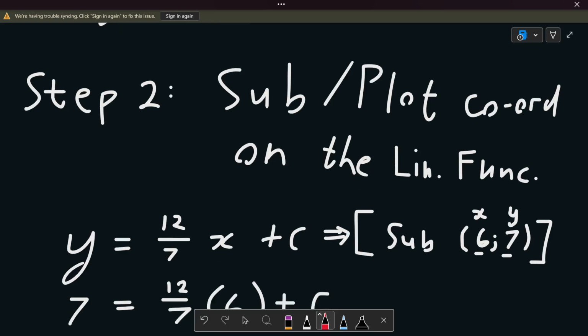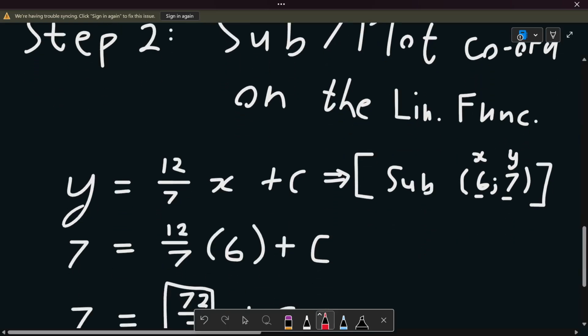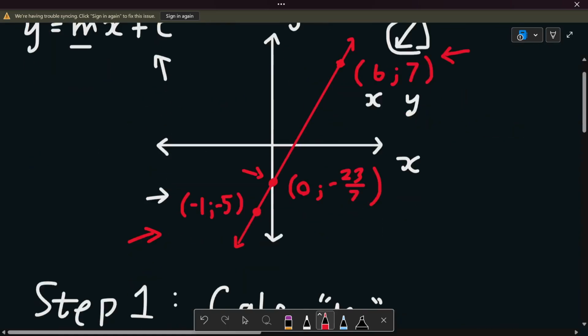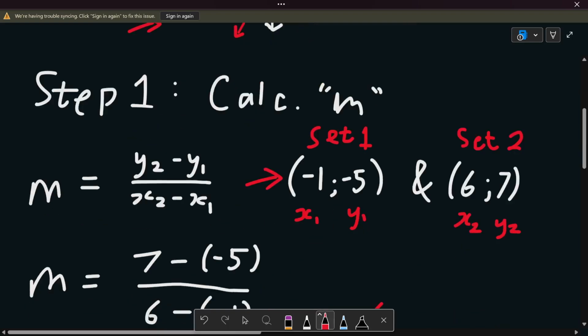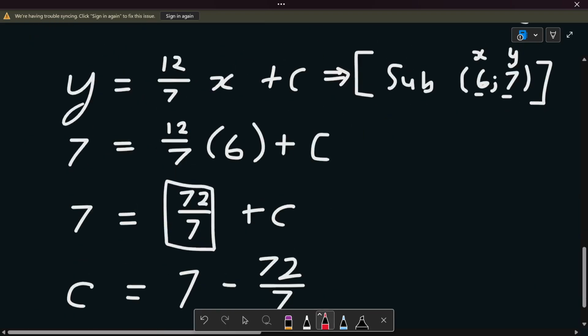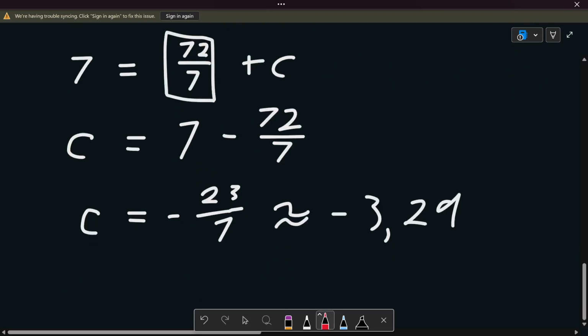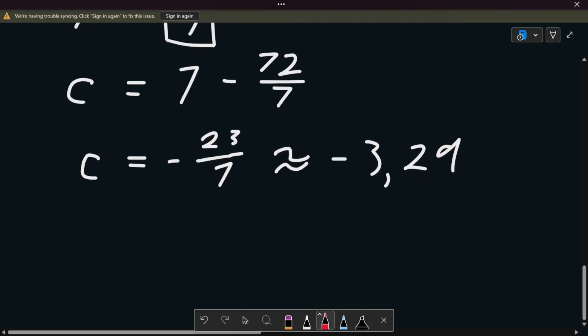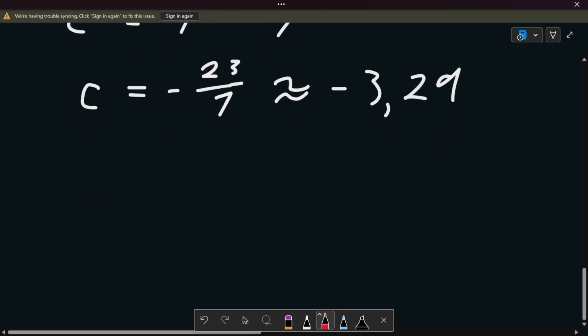So I took 6 and 7, and remember I said you can take negative 1 and negative 5 and try and plug it in to see if we get the same c value. But in this case, I substituted in 6 and 7, and I got the final answer of c being equal to negative 23 over 7. And remember, they asked you to determine the equation.